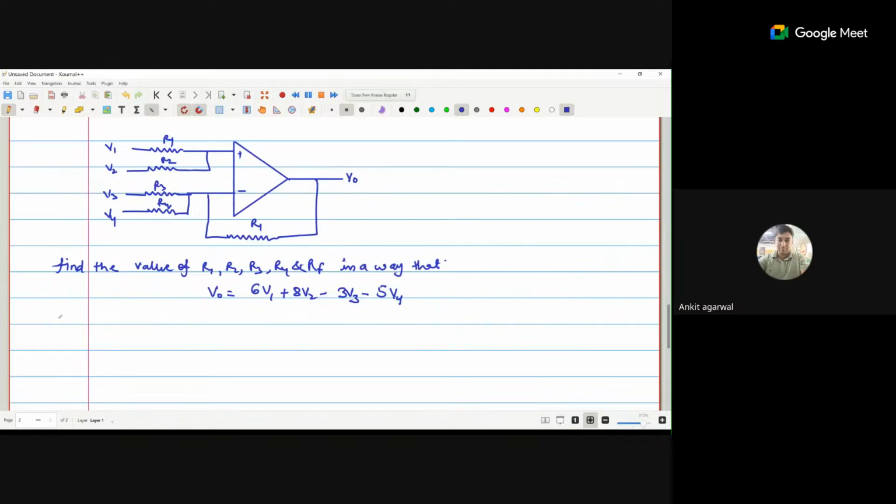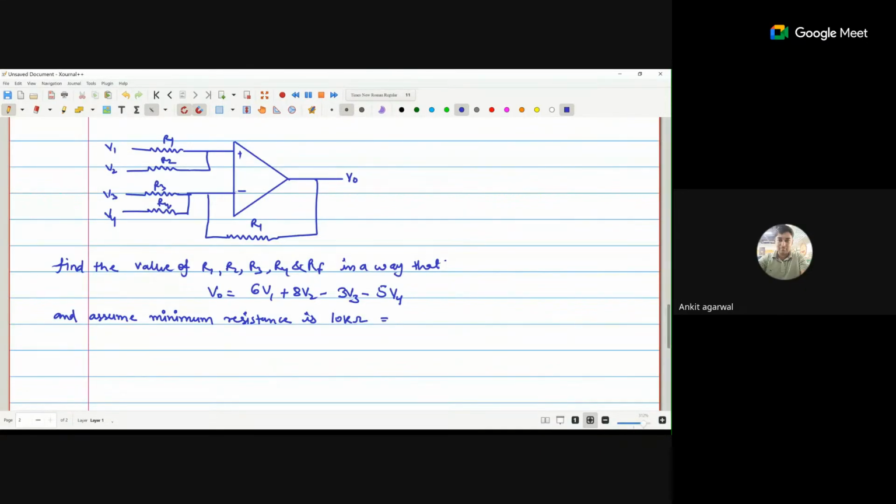Assume minimum resistance is 10K. The question is random, so maybe you are getting the resistance value as a negative part, okay, but ignore that negative part.